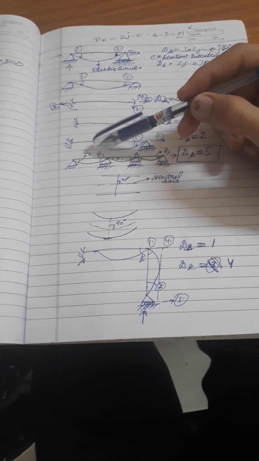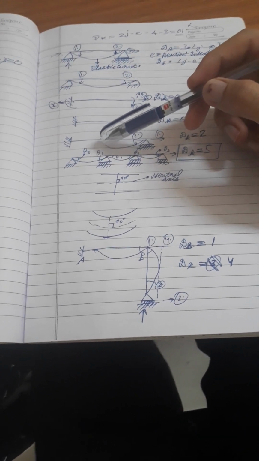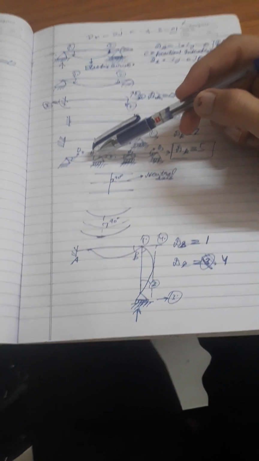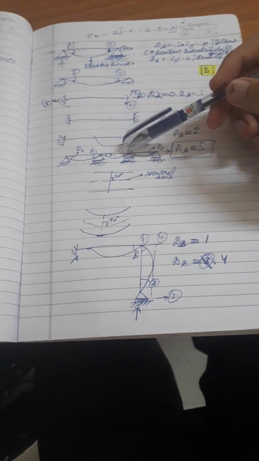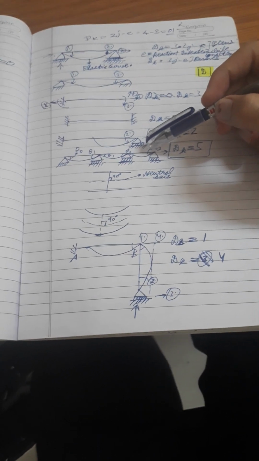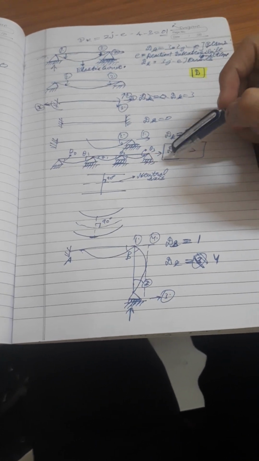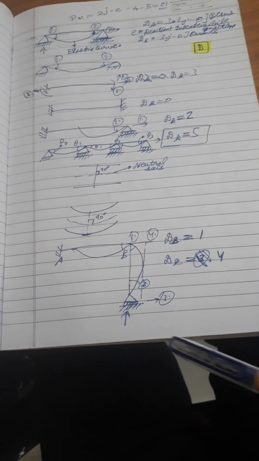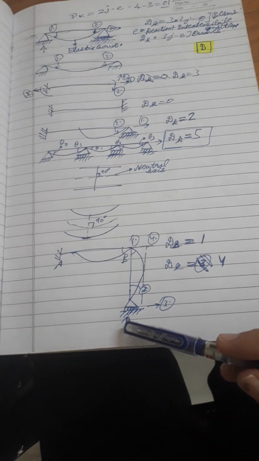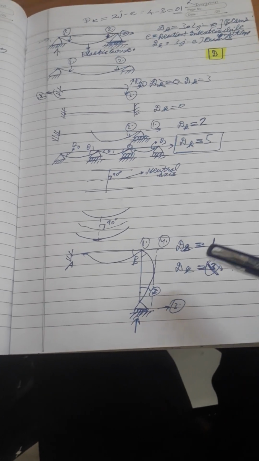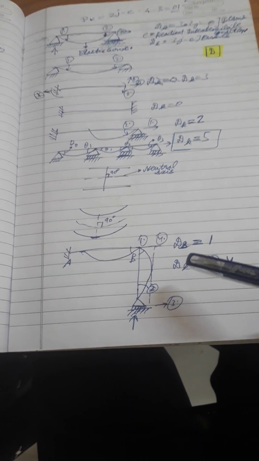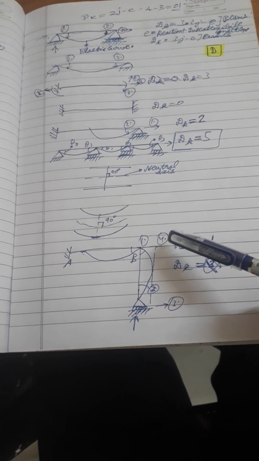Here it is theta naught, theta 1: first force on theta naught, second force on theta 1, third force on theta 2, fourth force on theta 3, then fifth force as given, then dk is equal to 5. Here the forces are, for example, upward force, 1, 2, 3, 4.